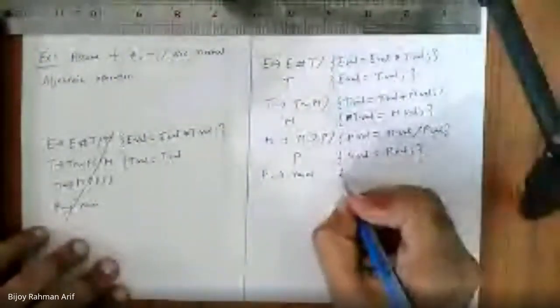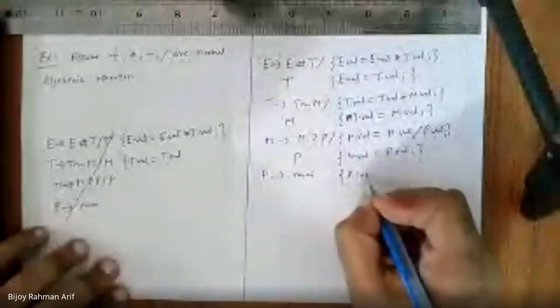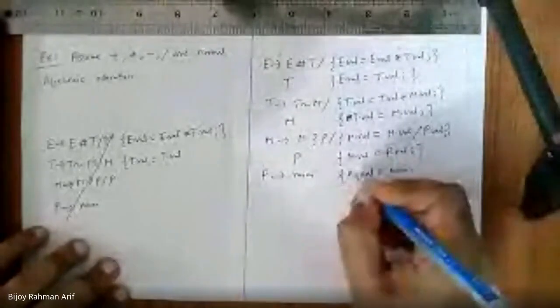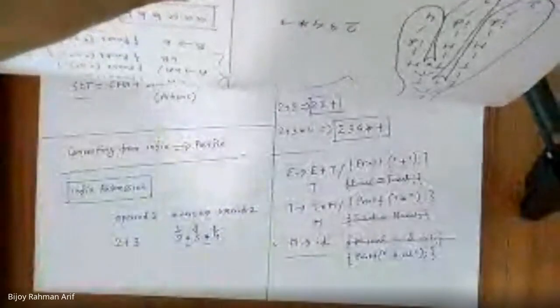P dot val is nothing but num dot lexical val. Okay, so these are the associated actions. So it is totally an SDT.